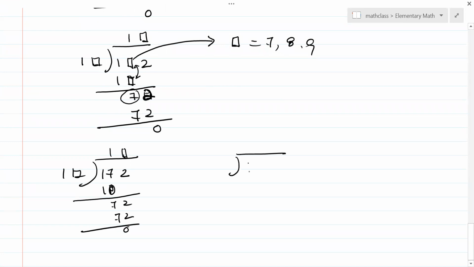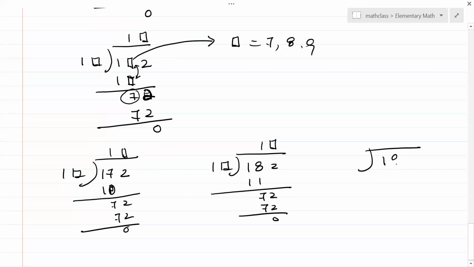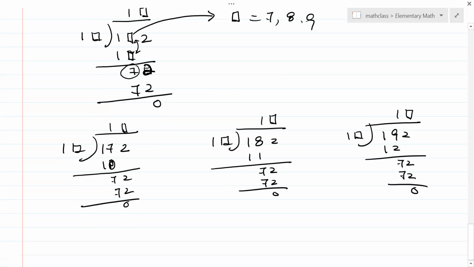Another one is 182. This should be 111, otherwise you're not going to get a 72. The third one is 192. It's 12, otherwise you're not going to get 72. So you look at which one is possible. Then you cross that.